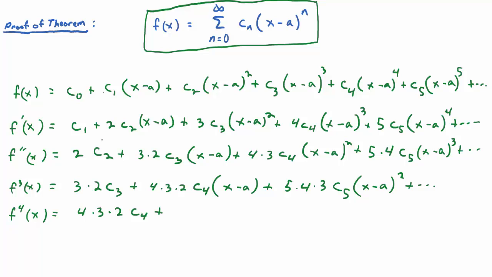And then what's left, plus 5 times 4 times 3 times 2, c5 (x minus a). Did I miss anything? I knew I forgot something. Plus 2, or times 2, I mean. So I didn't bring the 2 down. Although it's not going to affect you seeing the pattern, let me get it right. So times 2 right there. OK.